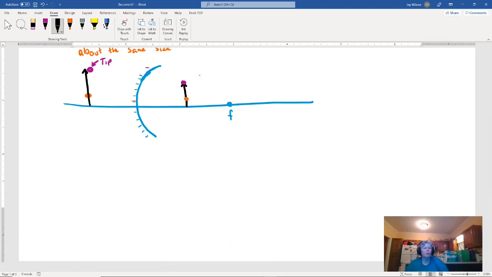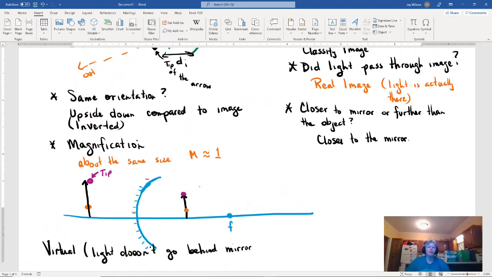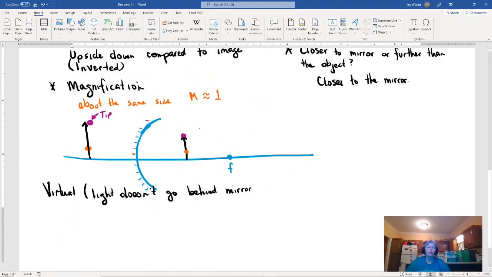In this case, we would say that our image is virtual. It's virtual because light does not enter the mirror, or does not exist behind the mirror. Okay, that's our first thing. Our second question is, is it closer to the mirror or further from the mirror than the object?